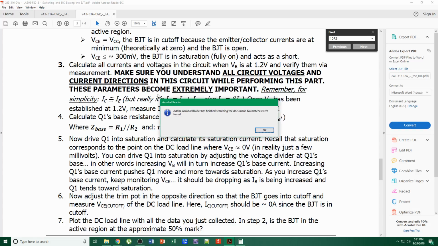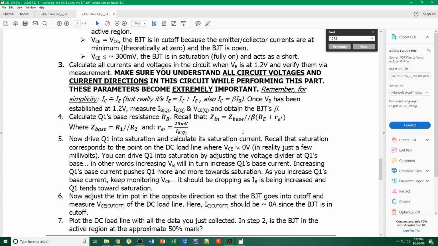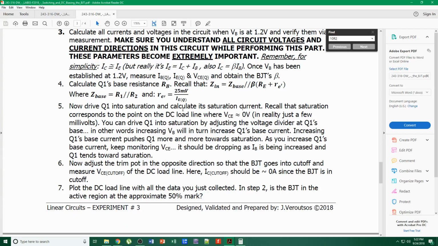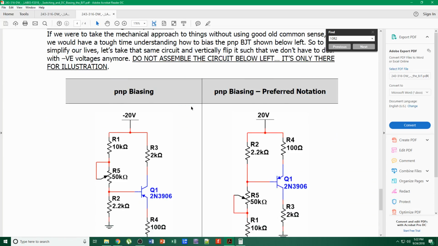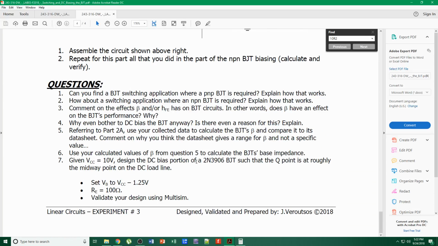R2. No. Where does it say 10 R2? I'm not seeing it.